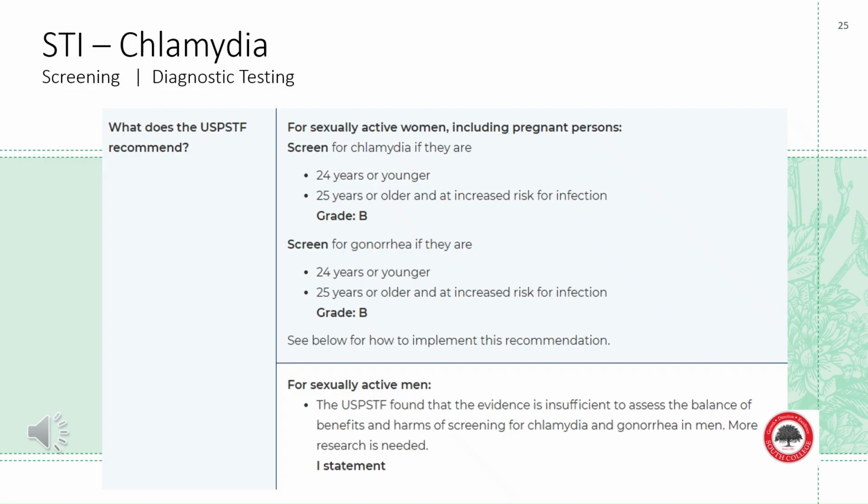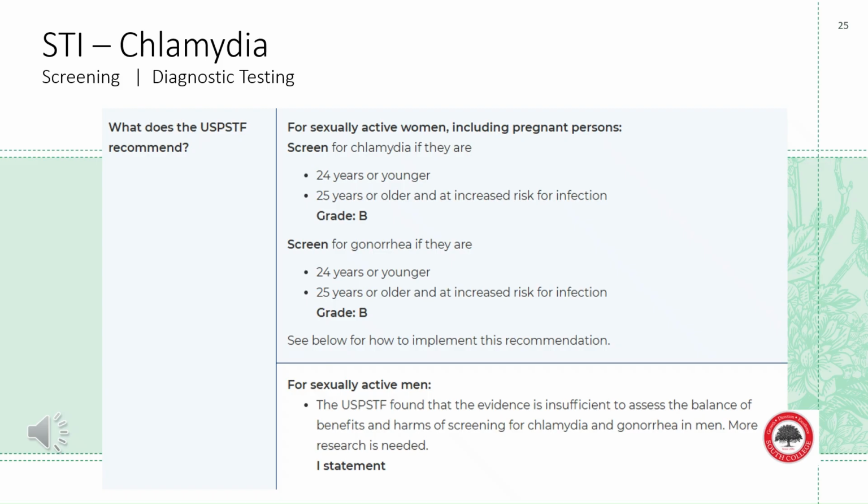Methods for STI testing include microscopy, culture, and NAT, nucleic acid amplification testing, abbreviated NAAT. Testing may be done at the point of care, and the choice of testing method will depend on availability of equipment, cost, training, and experience of the personnel.